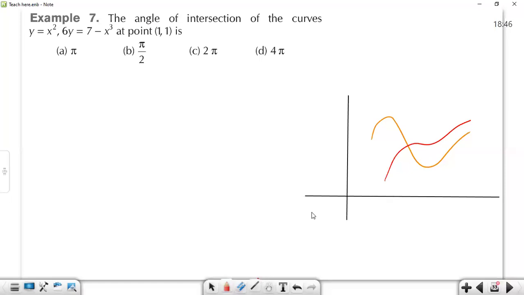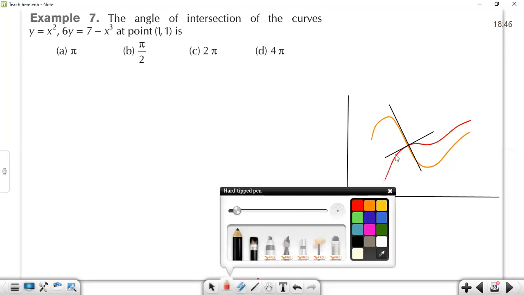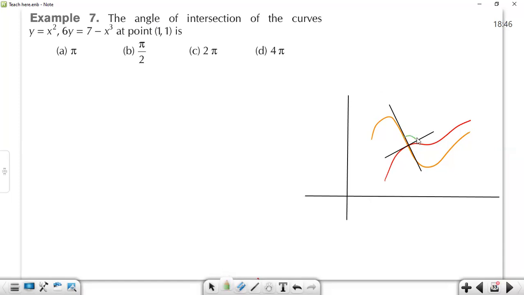So we are going to take the tangent of one function and the tangent of the other function, and we'll find the angle between these two tangents, and that will be the angle between these two curves. These are tangents. This is also the tangent of the other curve.